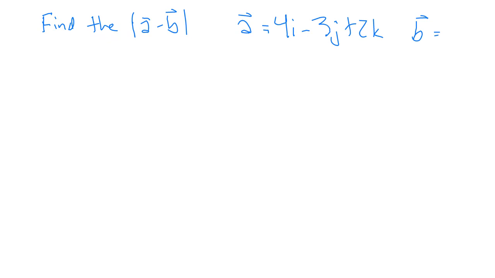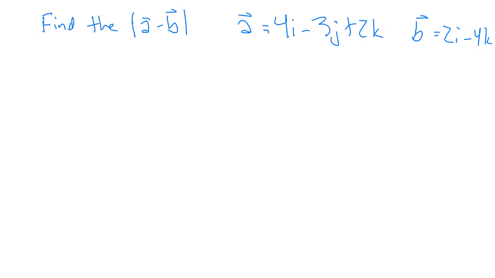Find the magnitude of A minus B, where A is 4i minus 3j plus 2k, and our B is 2i minus 4k.